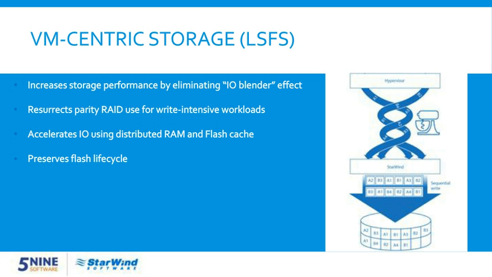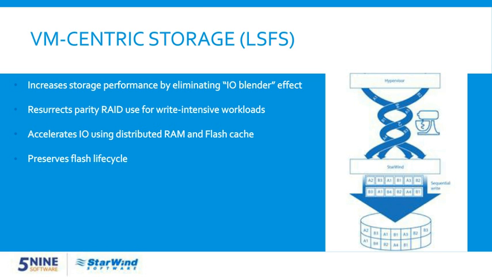Flash doesn't care if it's random or if it's sequential. But flash is expensive. Flash tends to wear out quickly, and flash is simply not the answer on its own. There is always a hybrid infrastructure which saves the day, and we decided that we're going with that hybrid infrastructure.